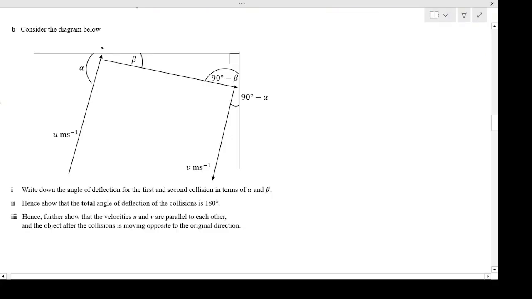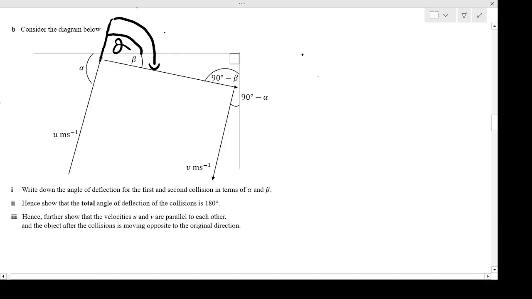Now, if I look at the first collision and extend the initial velocity like that, it turns out this angle would be alpha because they're vertically opposite. And so the angle deflection is going to be this whole angle here.